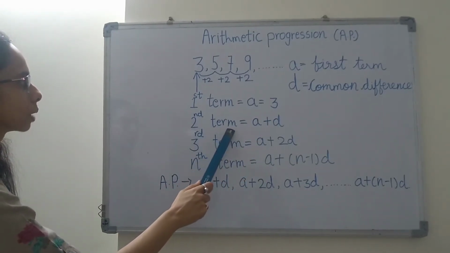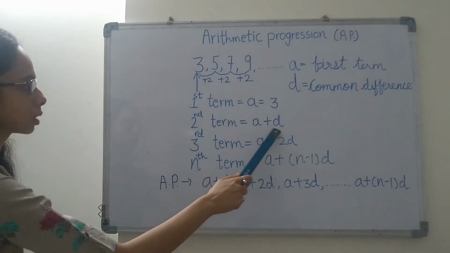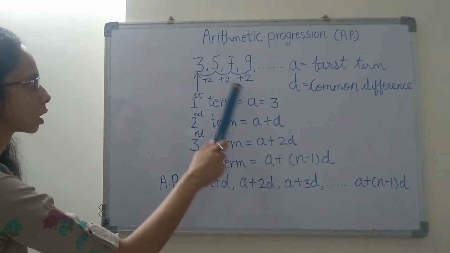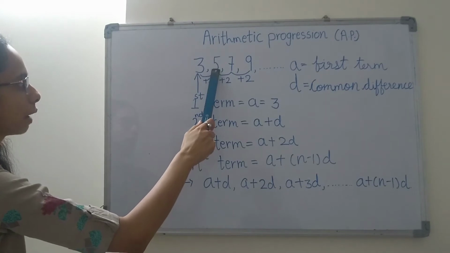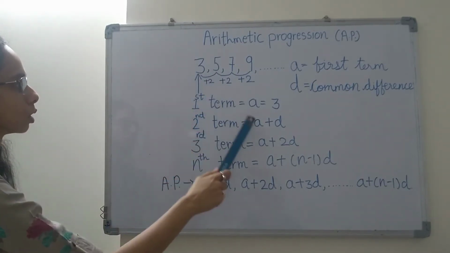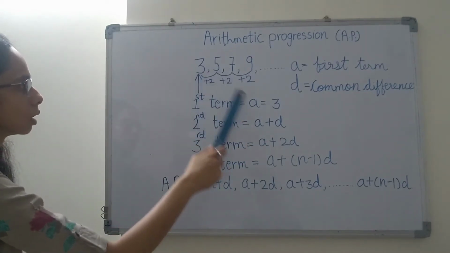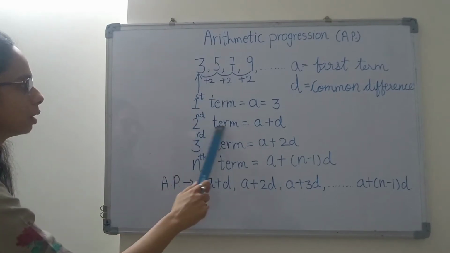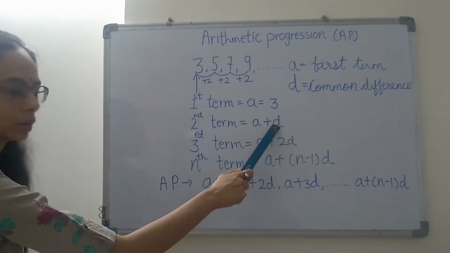The second term can be written as A plus D, that is the first term plus common difference. Here you can see 5. So 5 can be written as the first term of the series 3 plus 2. So A is the first term 3 plus D is the common difference 2. So the second term 5 is equal to A plus D.